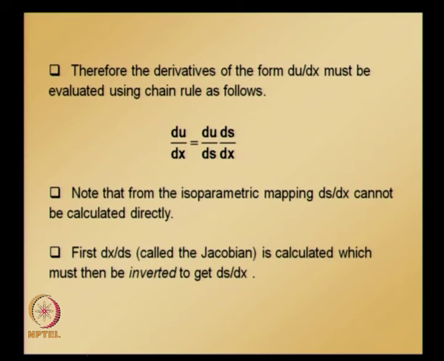And so for higher order elements we need to first calculate dx/ds, because we already have the relation between x and s. So we can differentiate it on both sides, we get dx/ds, and once we have this we can invert this to get ds/dx.